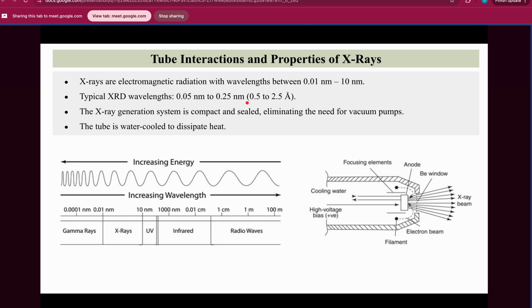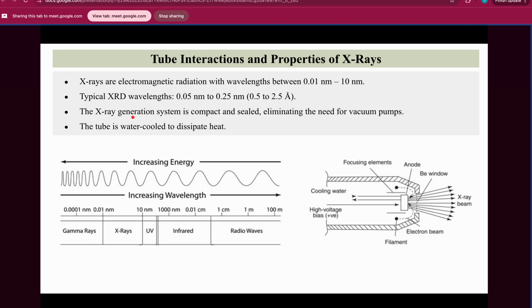In the previous sessions we have discussed why we need this typical wavelength: when we want to study any particle or macromolecule, the wavelength should be less than the size of that particular molecule, then only we'll be able to visualize it. That's why this is the typical wavelength of X-ray diffraction.